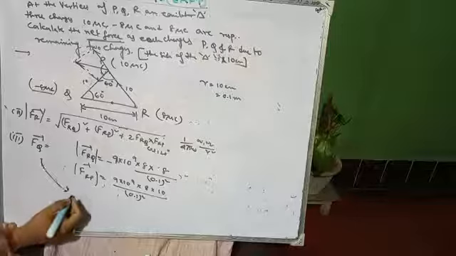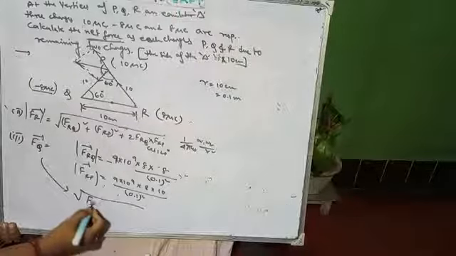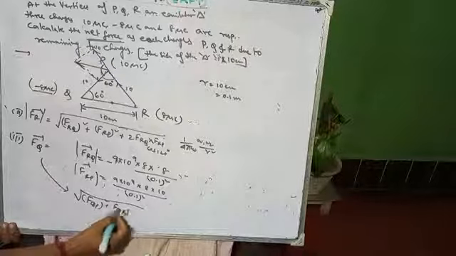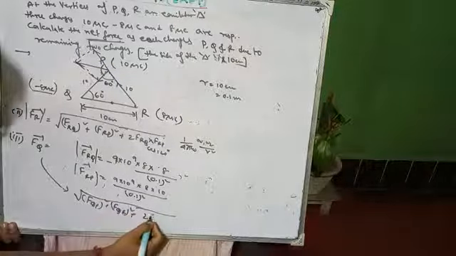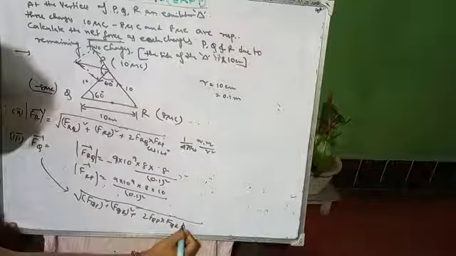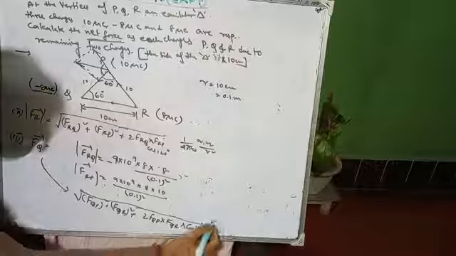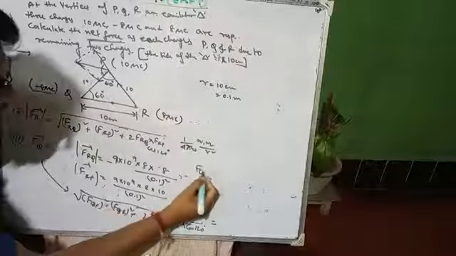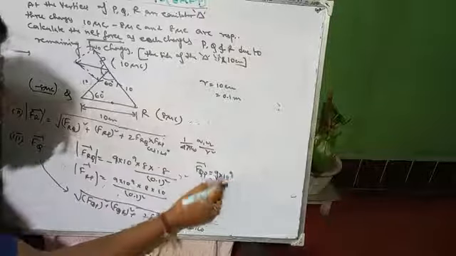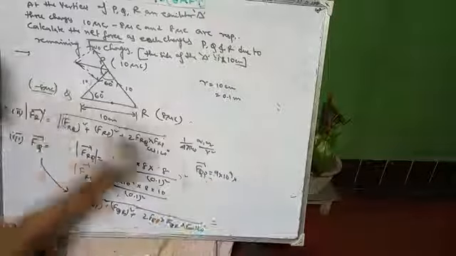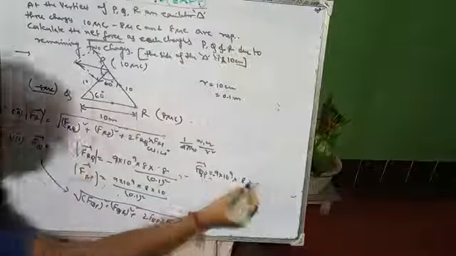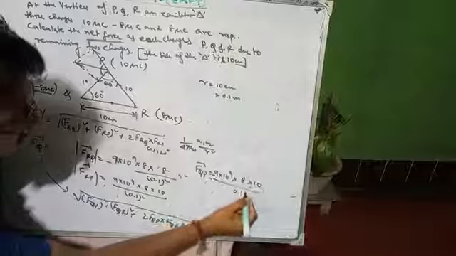And f of q means similarly root over of f of qp whole square plus f of qr whole square plus 2 into f of qp into f of qr into cos 120 degree, okay? So similarly you can get f of qp. F of qp equals 9 into 10 to the power 9 and q means minus 8, so it will be negative 8 into p, that is 10, divided by 0.1 square, okay?